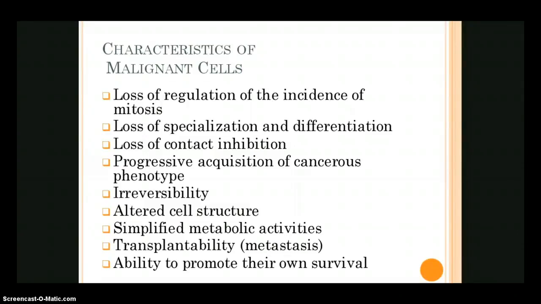They also have unique abilities to promote their own survival. That cancer cell, that malignant cell, is only interested in themselves. They could care less about the person that they are using as their host. It's all about themselves. They're a me kind of cell. So some things they can do is they can create their own blood supply.